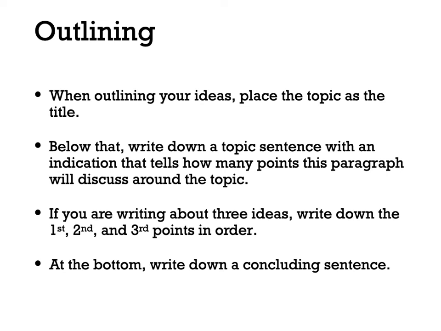If you're writing about 3 ideas, write down first, second, and third points in order, and at the bottom of your paper, write down a concluding sentence. In this case, on page 56, it says, in short, good flight attendants are friendly, self-confident, and strong.